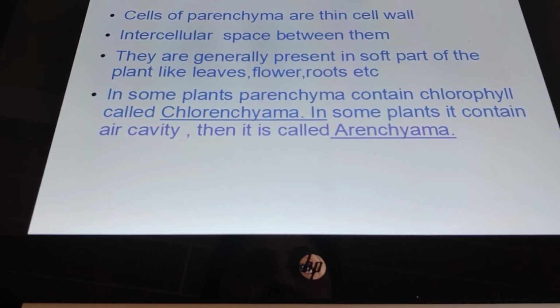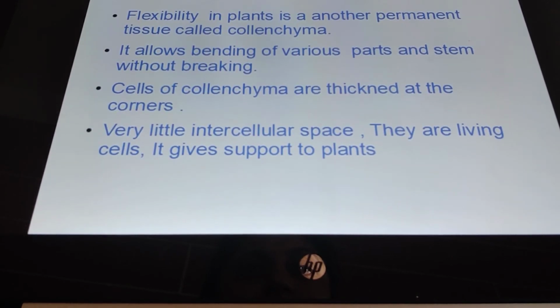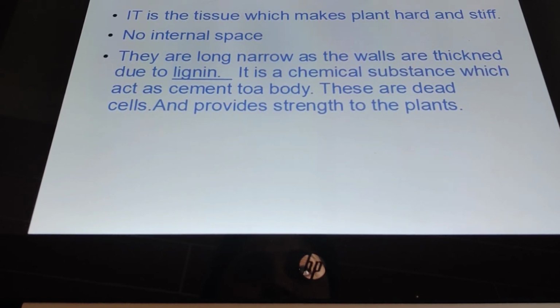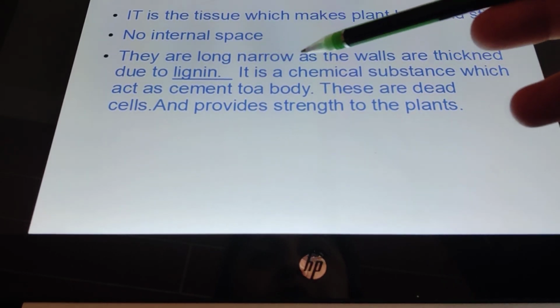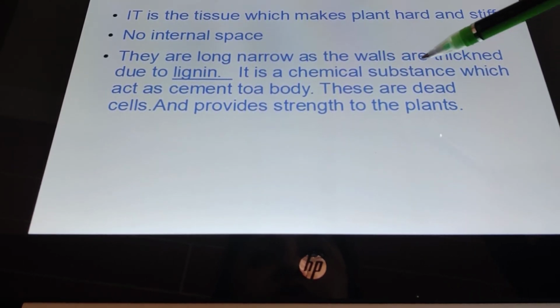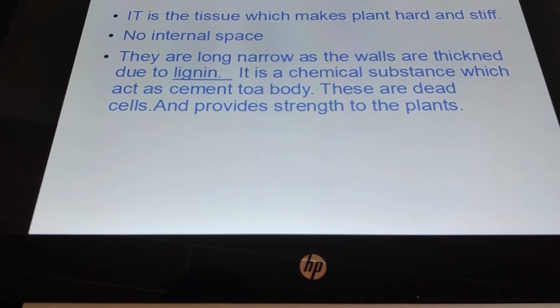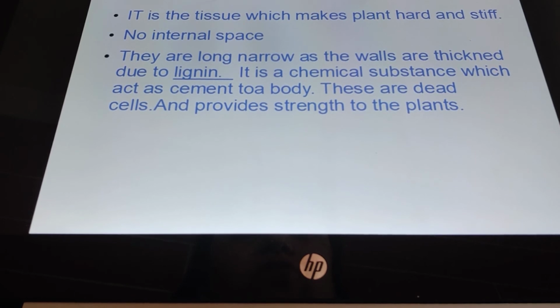Here you can see parenchyma, collenchyma, and sclerenchyma. Here it is written that sclerenchyma is a tissue which makes the plant hard and stiff. There is no intercellular space. The cells are long and narrow as the walls are thickened due to lignin, a chemical substance which acts as cement to the body.